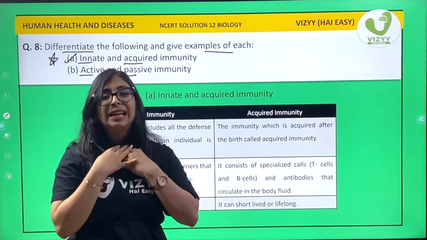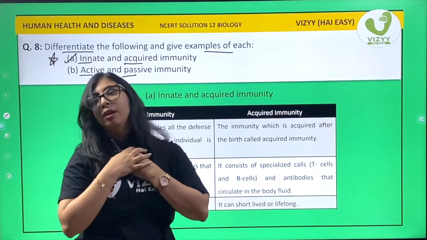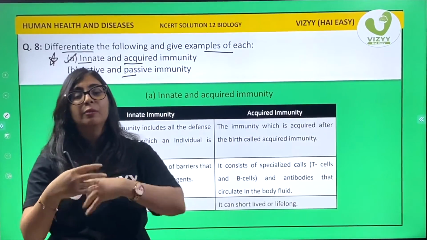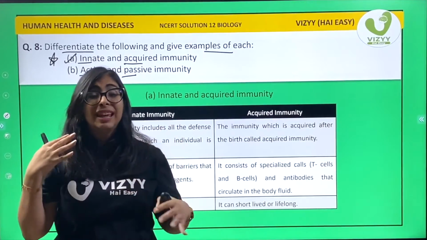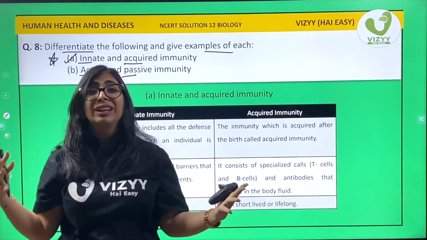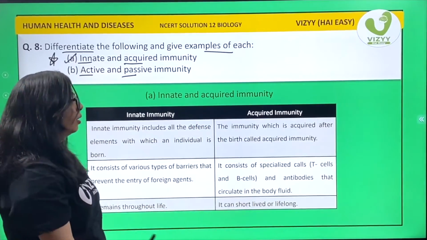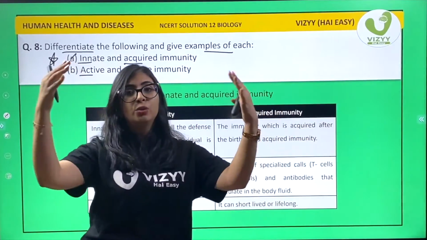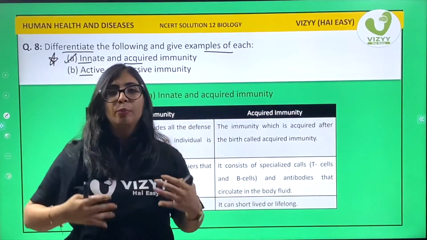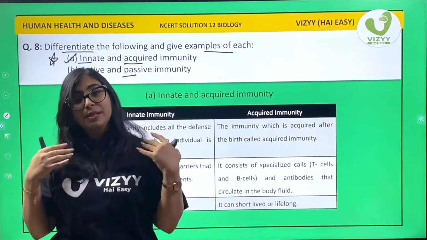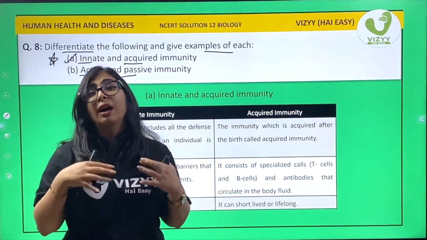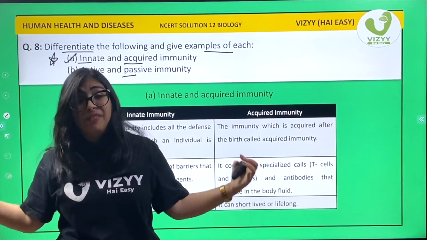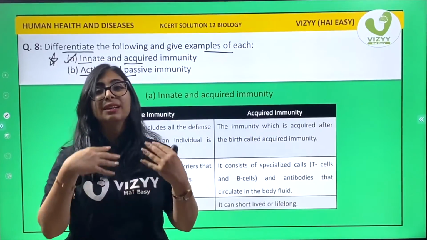Innate is within. Innate immunity will be like skin, your mucosal membranes. They are one of the types of innate immunity. Now, acquired is something you form in your body. Your body is protecting you against something. So that is acquired. You develop it. That is known as acquired.